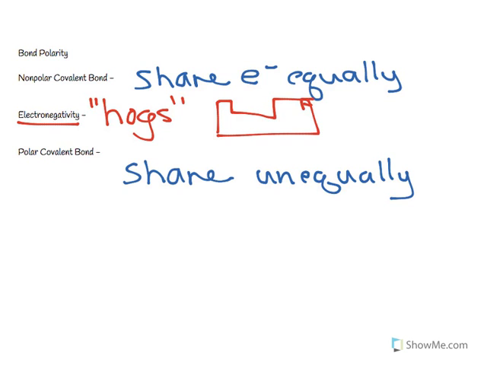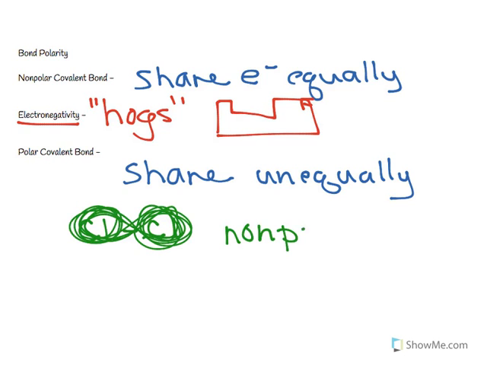So if I look at a couple of examples, if I have chlorine bonded to chlorine, since they're the same element, they both hog the electrons the same amount. So electrons are going to spend equal time between the two, and this would be a nonpolar covalent bond.